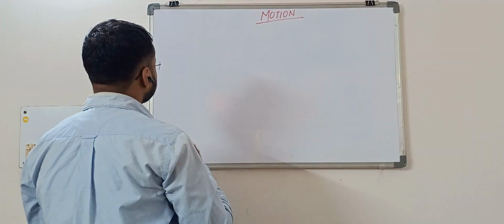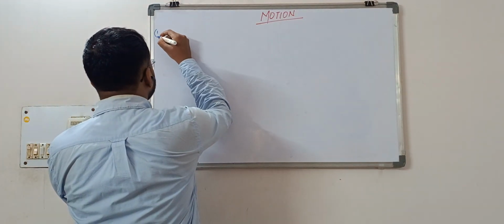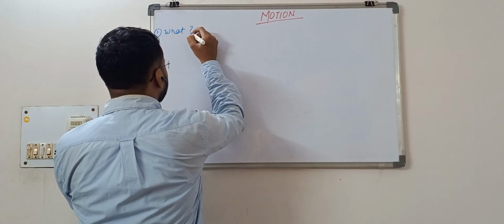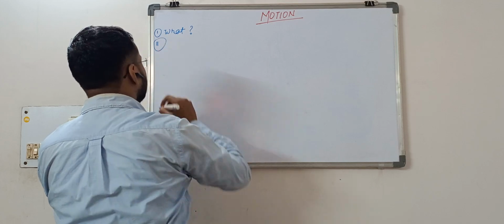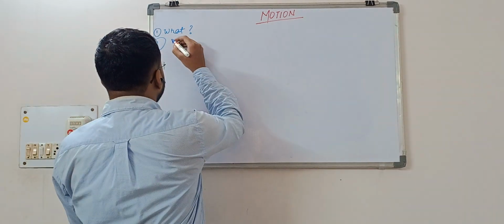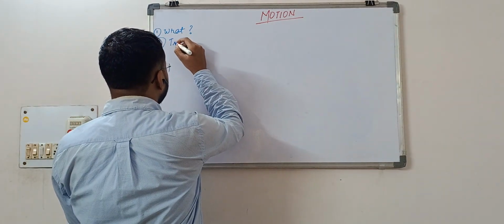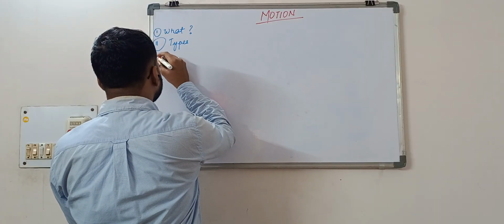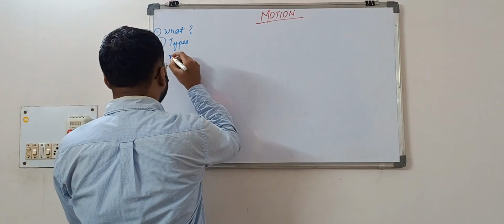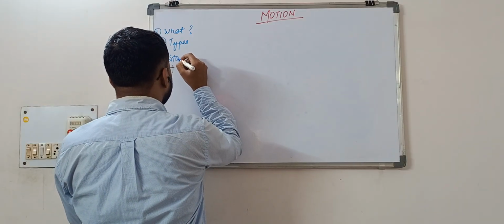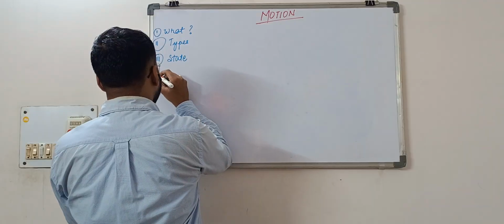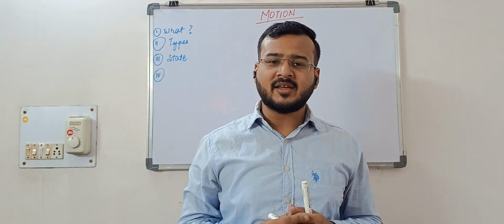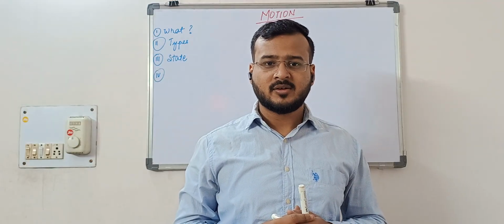For example, first we'll understand what is motion. Then we will go on to understand the different types of motion. Then we will try to understand the state of motion, right? After that, we will try to understand kinematics and dynamics, right?